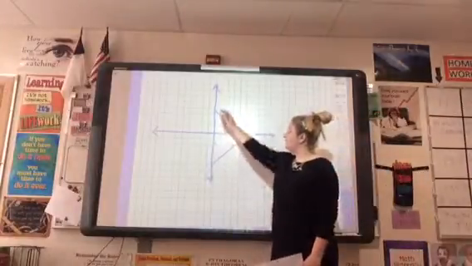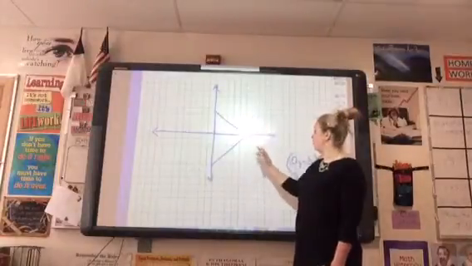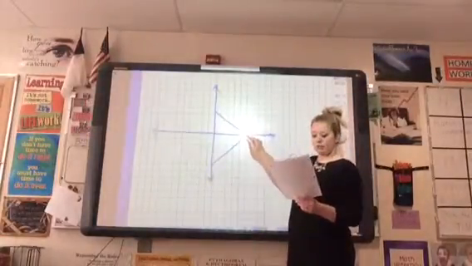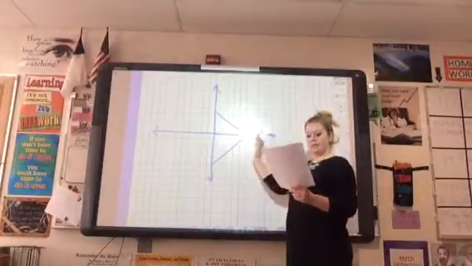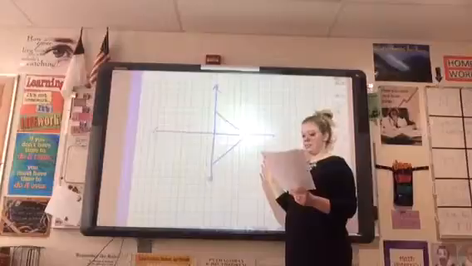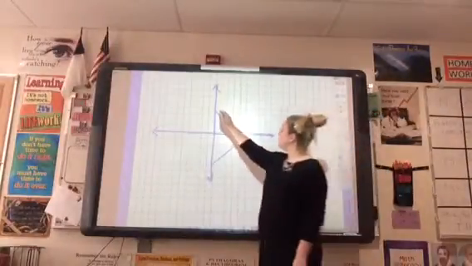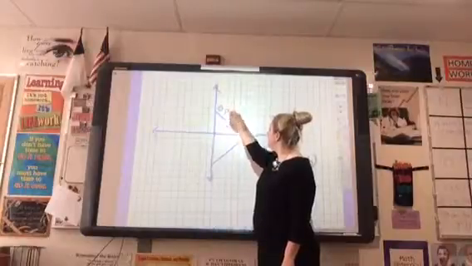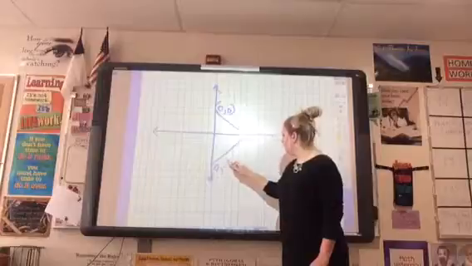So that means it has to be on both sides of the y-axis. Then it says the third vertex is on the x-axis to the right of the origin. I'm just following the directions here. So if these are our 2 coordinates here, that means this one has to be 0B. This one has to be 0, negative B.